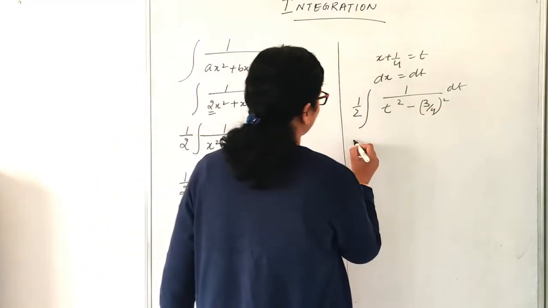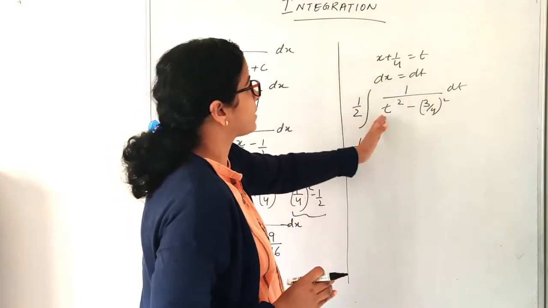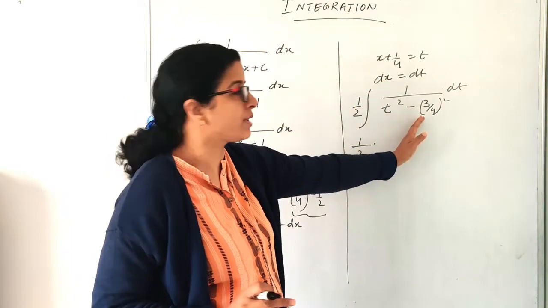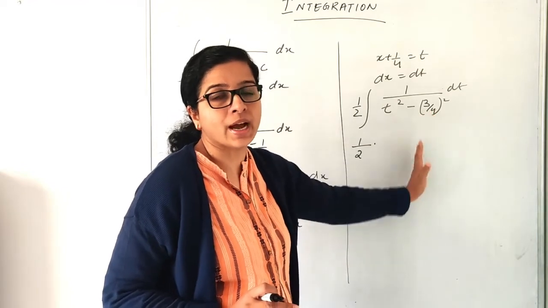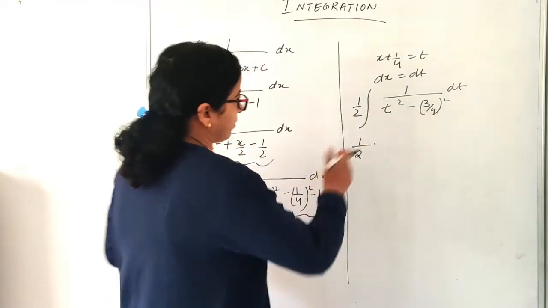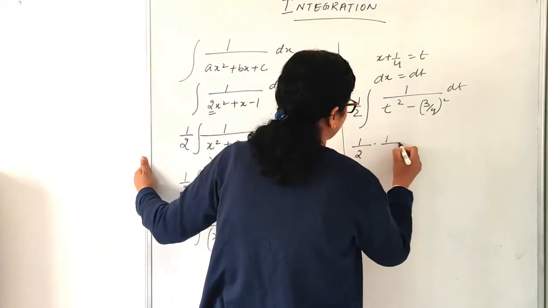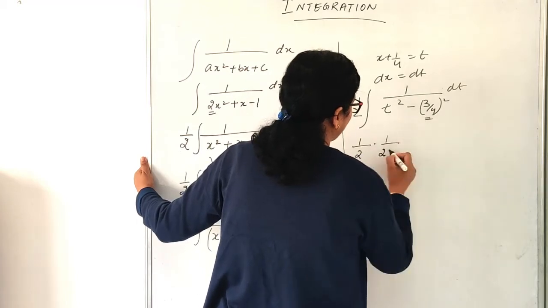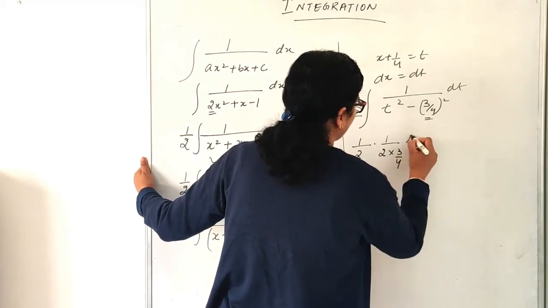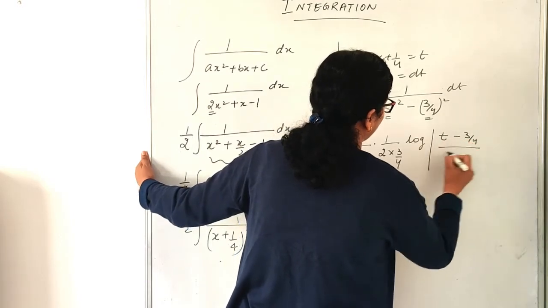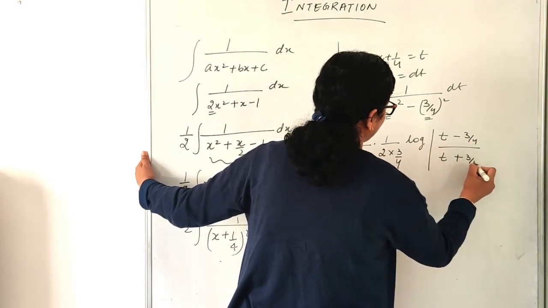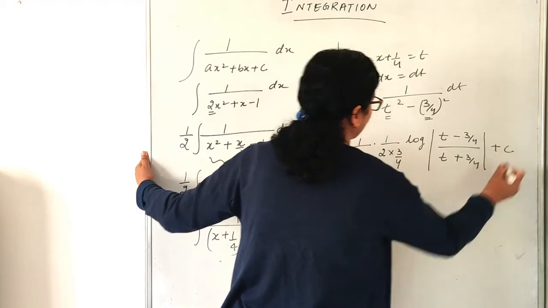Let us apply the formula now. It becomes a formula x square minus a square. So that is nothing but 1 upon 2a log x minus a upon x plus a plus c. We'll apply the formula. So 1 upon 2. What is the value of a? 3 by 4. log t minus 3 by 4 upon t plus 3 by 4 plus c.